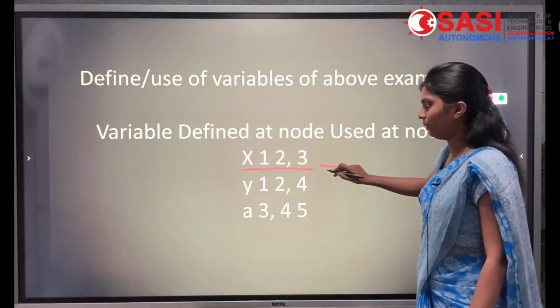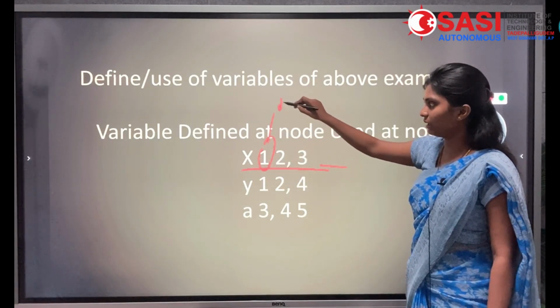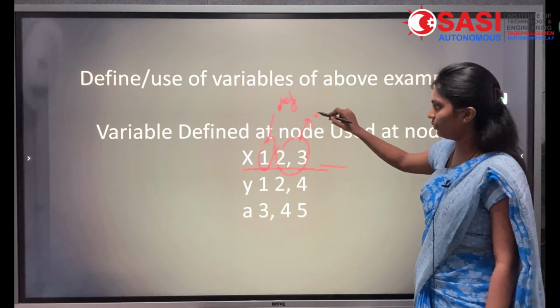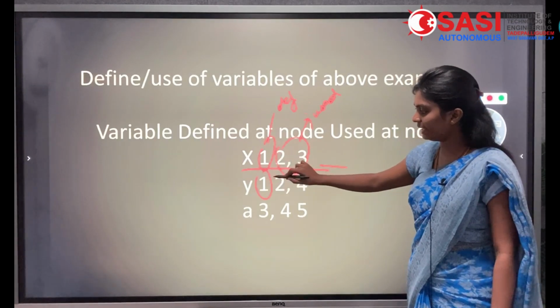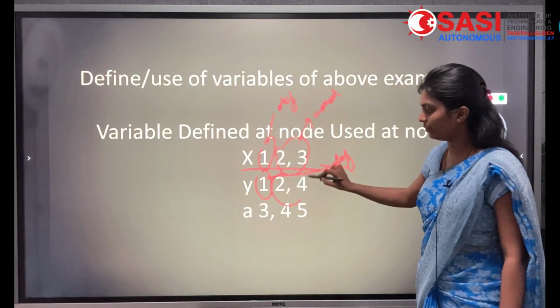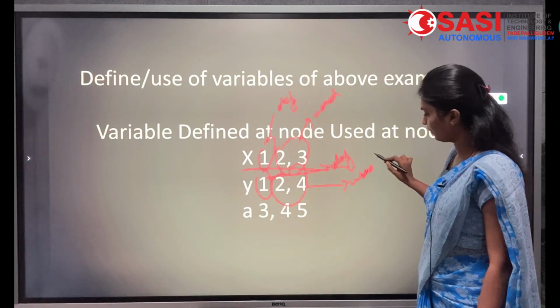So these are from the x axis. We have noticed that 1 is the defined variable and 2, 3 are used variables, right? Here for the y axis, 1 is the defined variable, and 2, 4 are used variables.